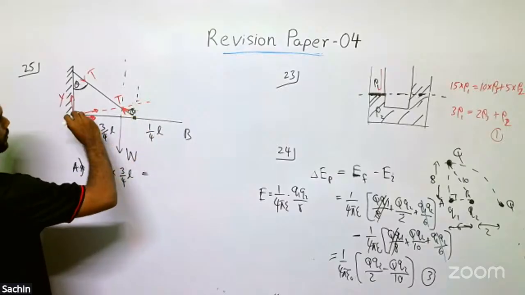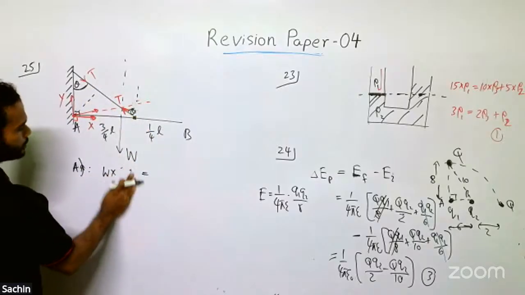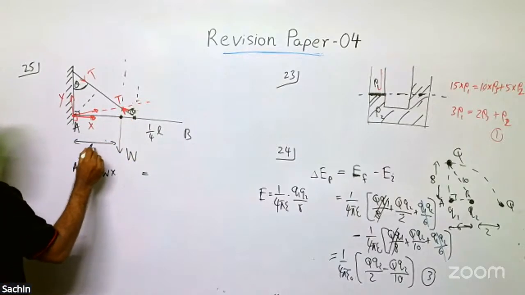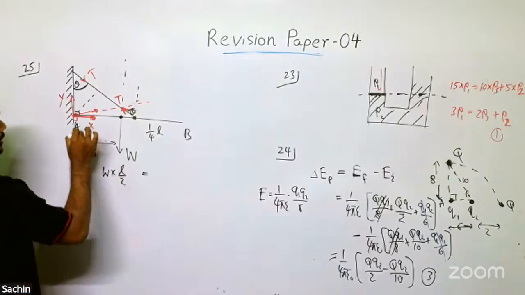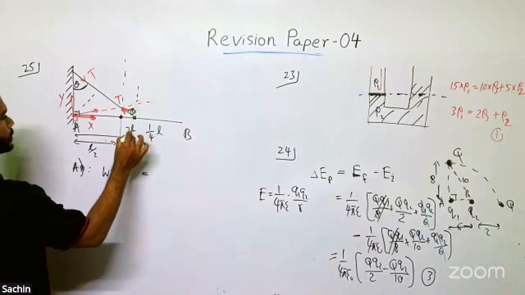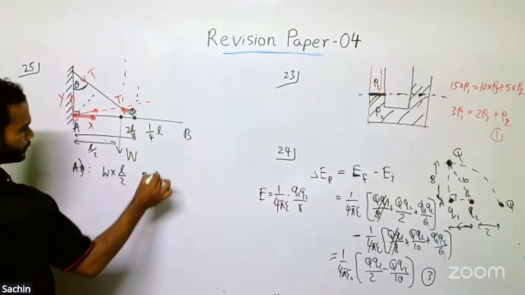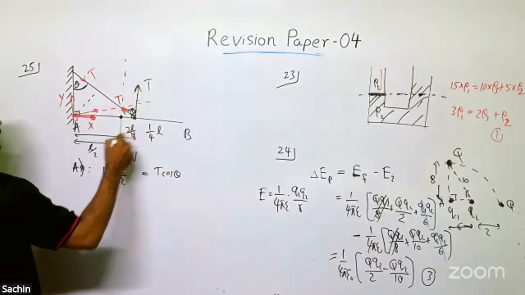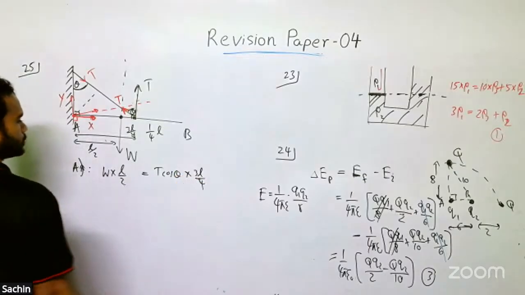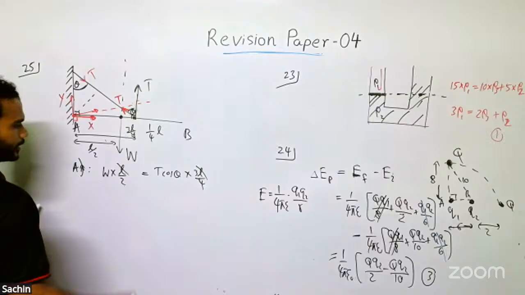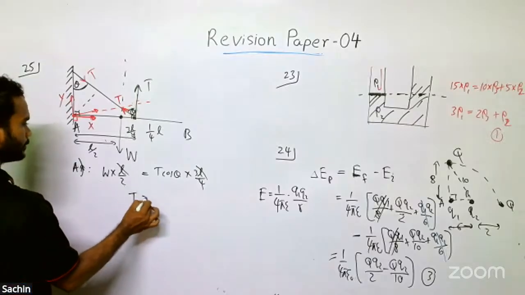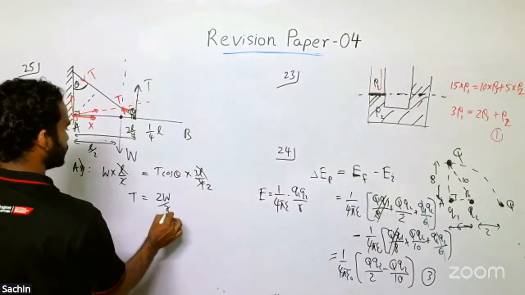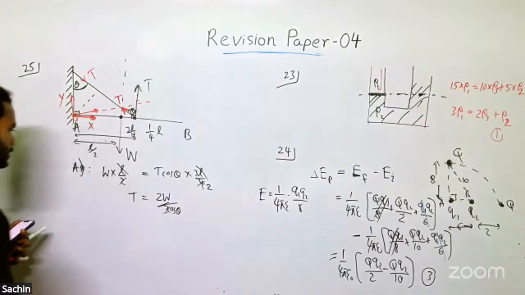Sorry, this is not 3L over 4. The weight acts at the midpoint. Midpoint means this is L over 2. Then this length is 3L over 4. So the moment by the tension is T cos theta, that is the perpendicular component, into the distance, that is 3L over 4. L can get cancelled. You may find the tension is equal to 2W over 3 cos theta. And that is the tension.